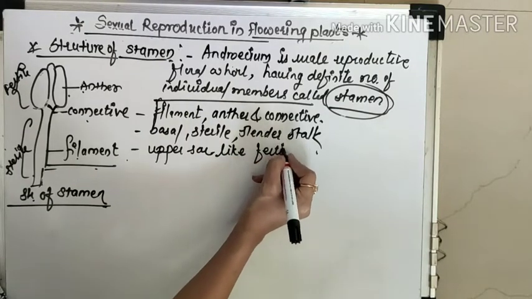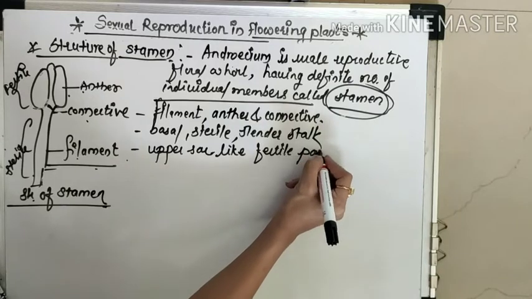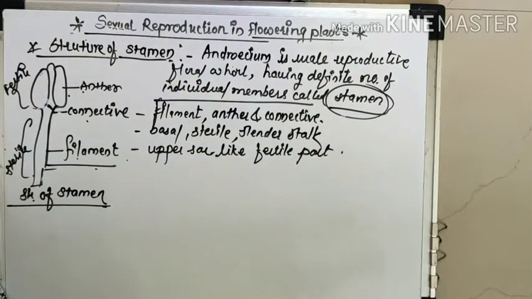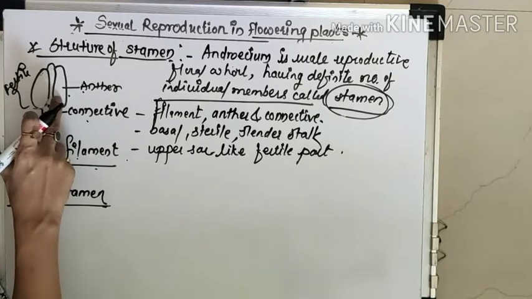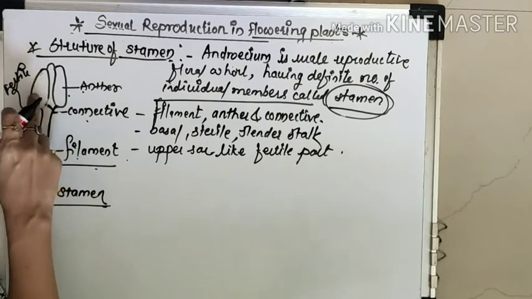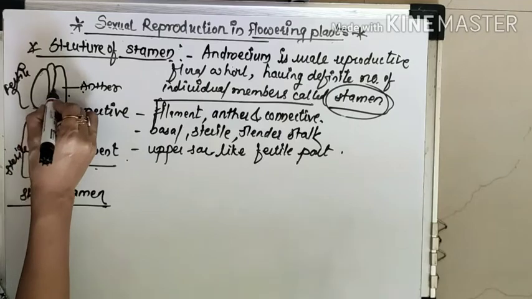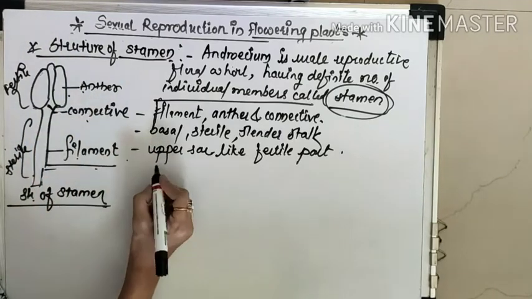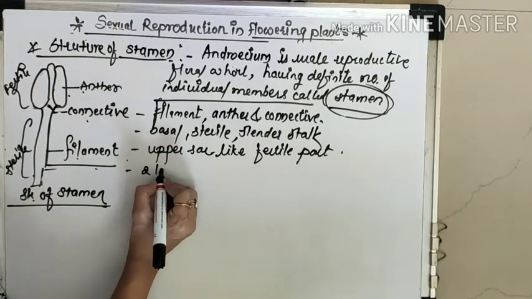Generally this anther consists of two lobes. This is one lobe and this is the second lobe.